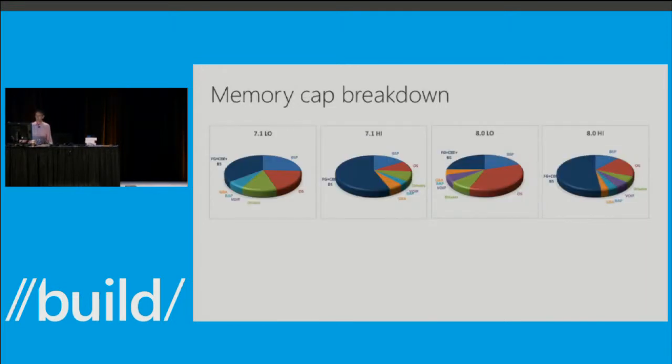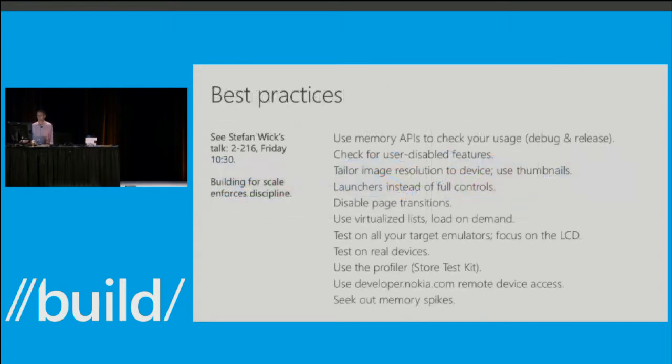This is the same thing in pictures. So, some things that you can do. Use memory APIs to check what the caps are, check how much memory is on the device, check what your current consumption is, check what your peak consumption is, and clean up memory whenever you can.